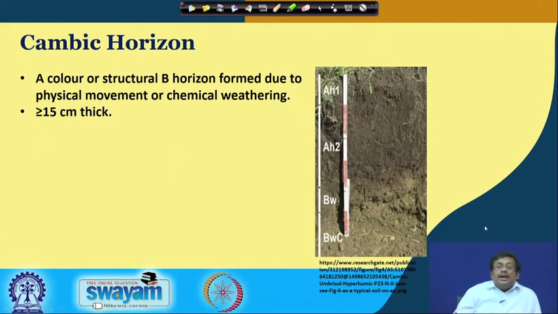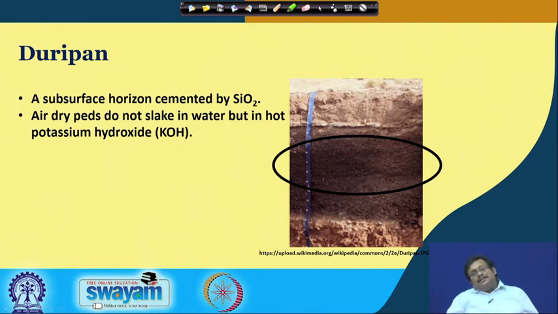So, cambic horizon is basically a color or structural B horizon formed due to physical movement or chemical weathering, and it is generally greater than 15 centimeter in thickness. The next is called Duripan. Duripan is again a subsurface horizon which is cemented by silica, and it is air dried soil which does not slake in water, but slakes in hot potassium hydroxide.